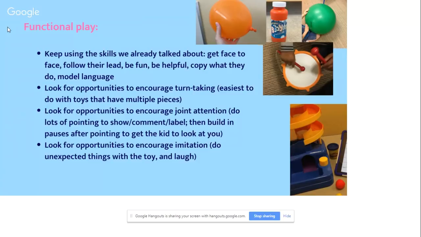So I would usually start out working on really simple turn taking. Use a toy that has multiple pieces, like a shape sorter, and be really playful and nice about it, because they're going to want to put all the pieces in themselves, of course. But you just hold out one and say, my turn, and just do it so fast that they barely have time to get mad. That is the key. Do it super, super fast, and smile and sound super animated when you do it.